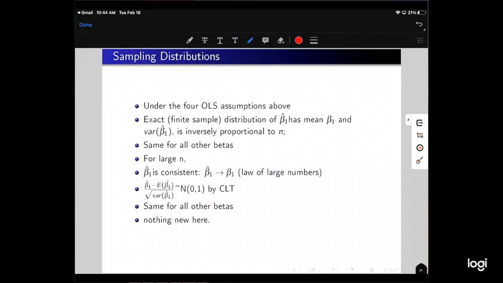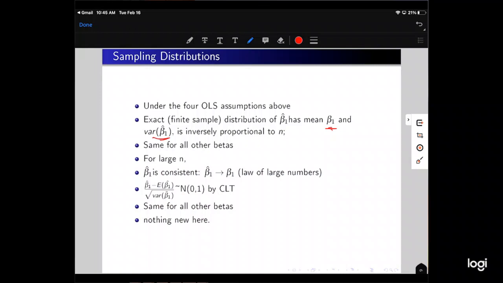So under the four OLS assumptions from the previous slides, the exact finite sampling distribution of beta 1 hat has a mean of beta 1, the population value, and a variance of beta 1 hat that is inversely proportional to n. And this is the same for all other betas. This is nice because that means we can use the same statistical methodologies for all the betas in the model.